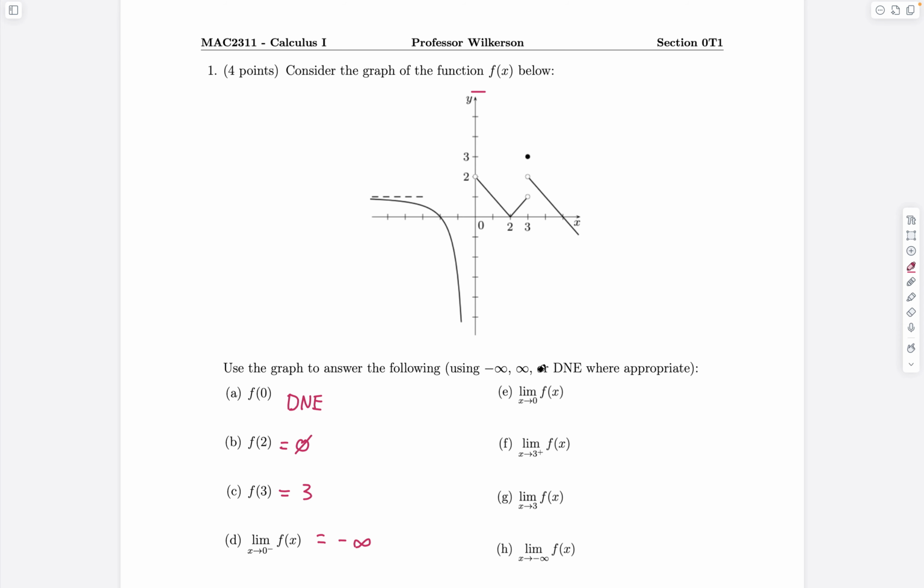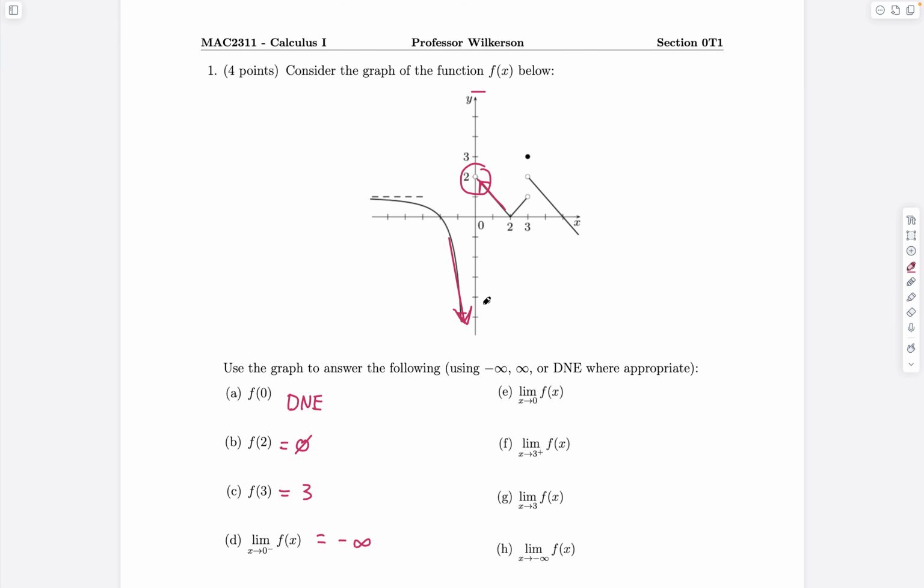What about as I go towards 0? E asks me the two-sided limit as x goes to 0. Well, this implies both directions, right? From the left side, I just established that I go down to negative infinity. But from the right side of 0, my limit is actually going to push to a height of 2, right? Those two things are not the same.